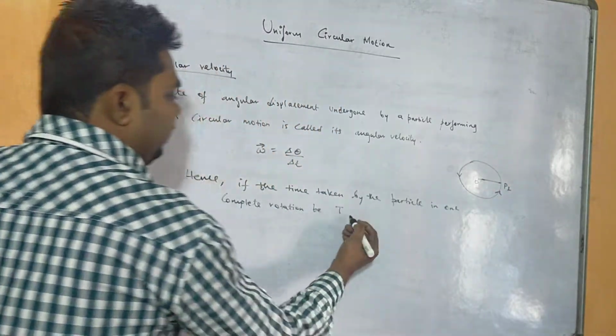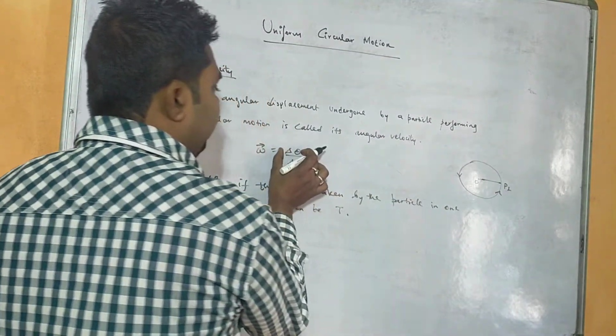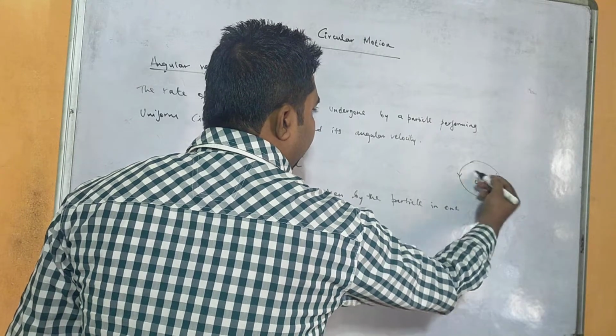So if the total time is T, and once it makes the complete rotation, what will be the total displacement? That means what will be the total angle? It is changing here, so the total angle is 360 degrees.